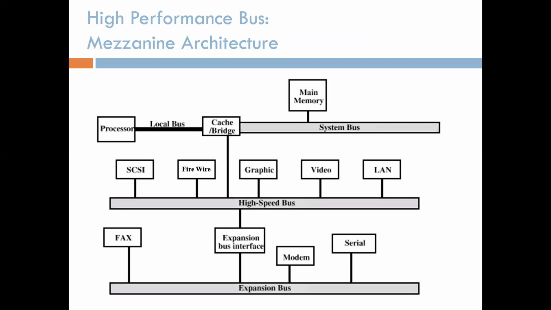So you all could take a look at high performance buses, what a mezzanine architecture is, and so on. And if we need to connect other peripheral type devices, how does that integrate with our system bus? And then what's becoming more pervasive is high speed bus architecture. So you all could take a look at that.